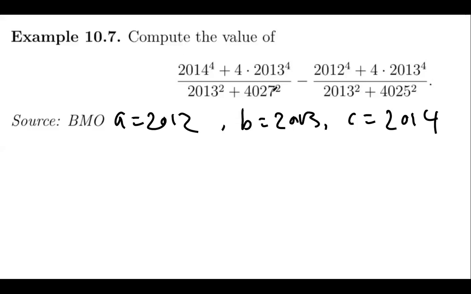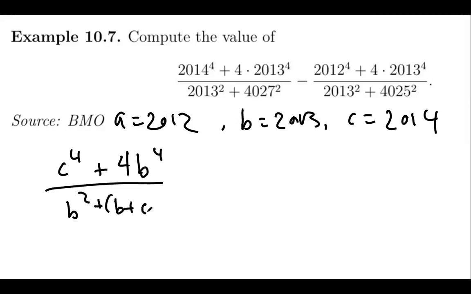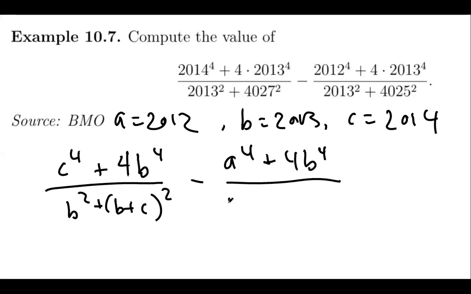Now for the first fraction, we have c to the 4 plus 4 times b to the 4 over b squared plus b plus c squared minus a to the 4 plus 4b to the 4 over b squared plus a plus b squared. I prepared another slide because this would take up a lot of space.